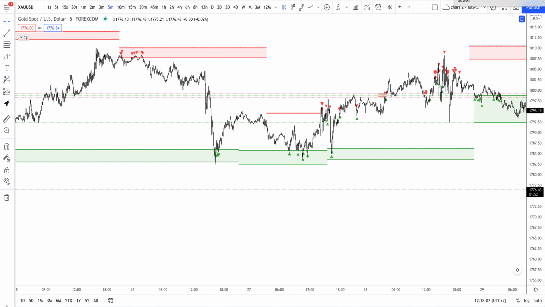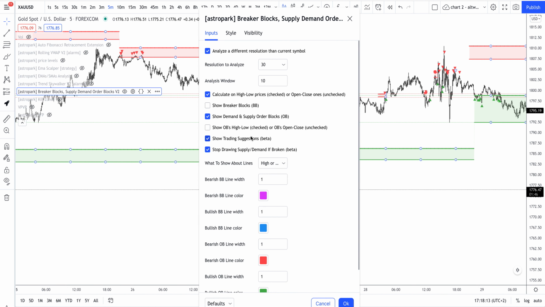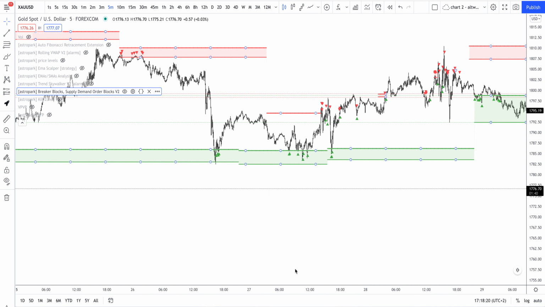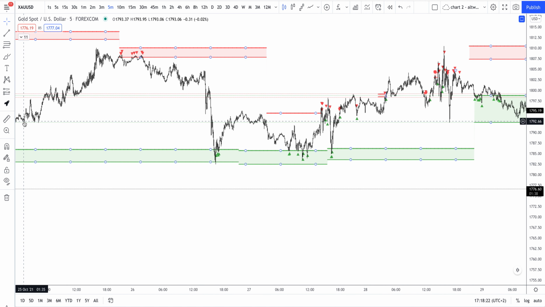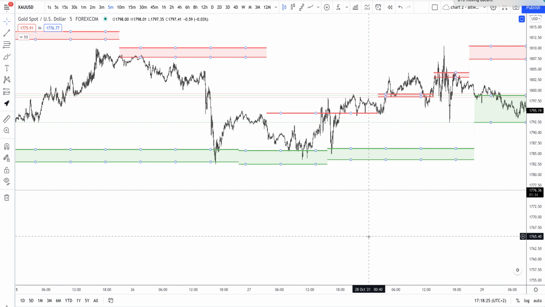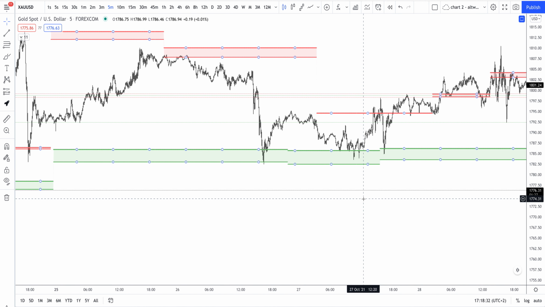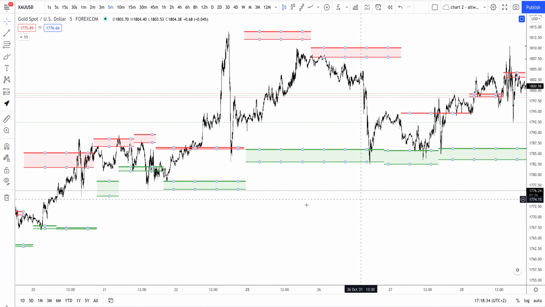I also prefer to disable the suggestions, and let's draw this, so you have a better understanding of what the indicator is looking at when you are on this setup.